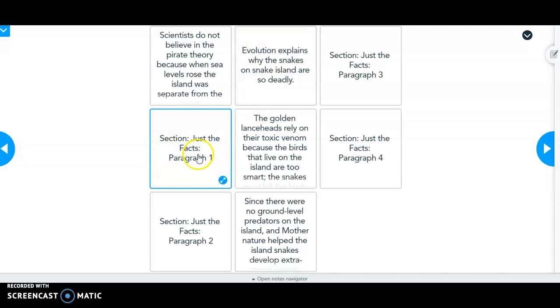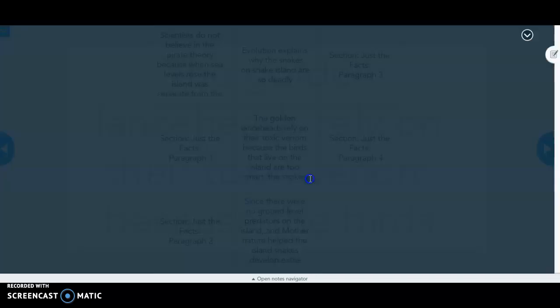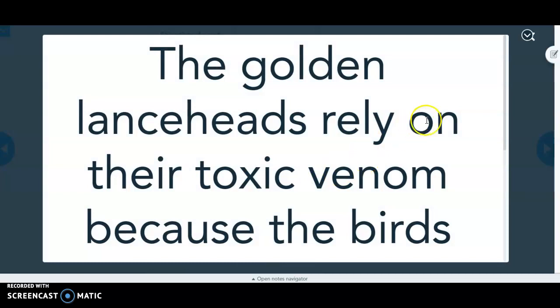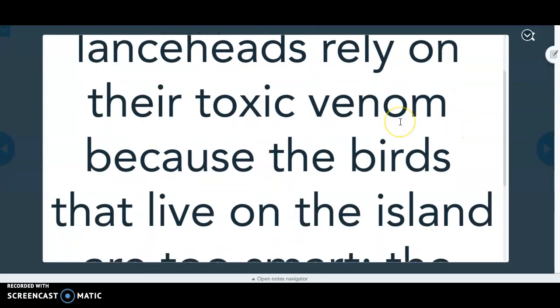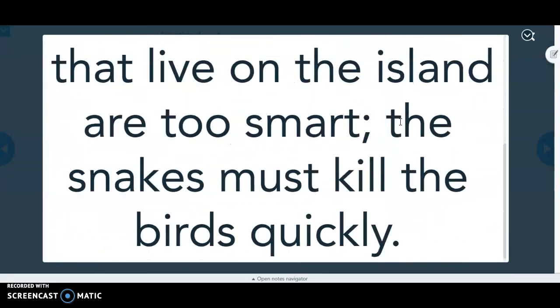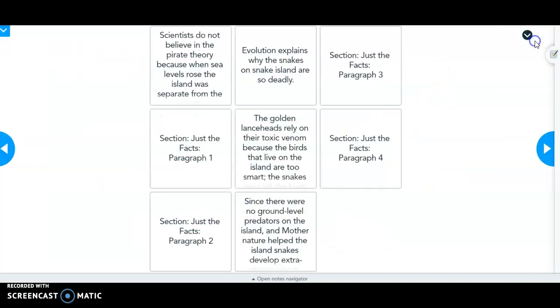Oop, notice that I got it wrong. Obviously it's going to show you if you got it wrong. It says evolution explains why the snakes on Snake Island are so deadly. Well, paragraph 1 really didn't talk about that and evolution. This right here says the golden lanceheads rely on their toxic venom because the birds that live on the island are too smart. The snakes must kill the birds quickly.